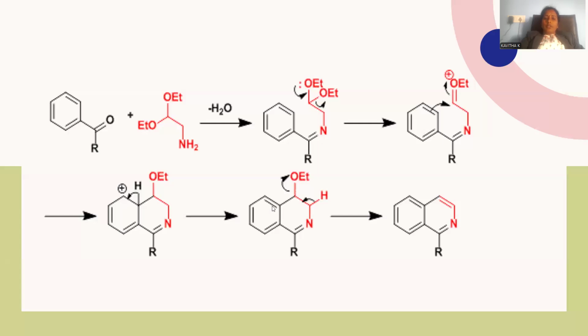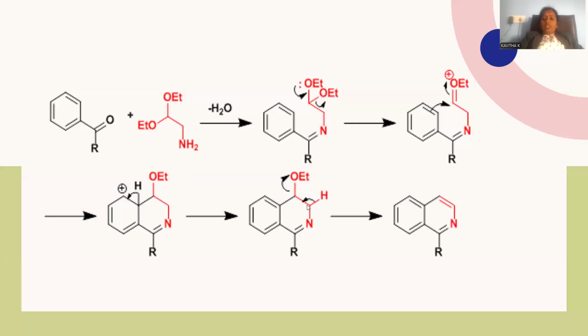Whenever the new pi bond is generated, here we have ethoxy. Here, the condensation already generates a double bond between the first and second position, so that double bond already exists. The only requirement is new bond formation between the position number 3 and 4.